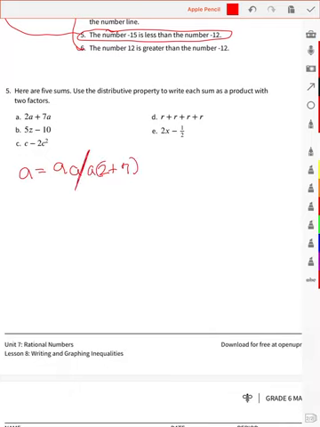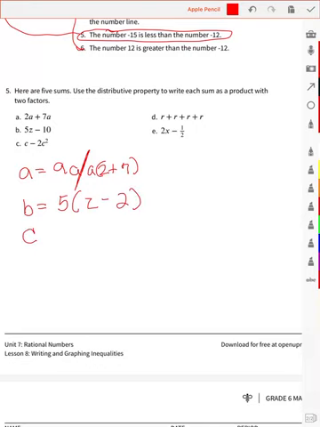So that's a different one. For b, 5z minus 10. So you could pull out the 5. So b is 5 times z minus 2. That would be 5z minus 10.